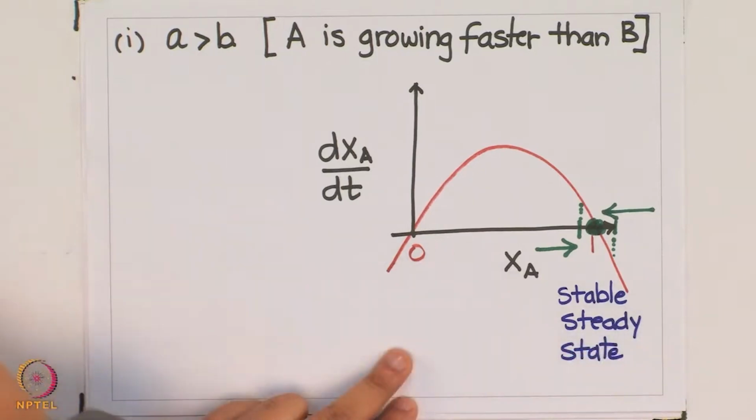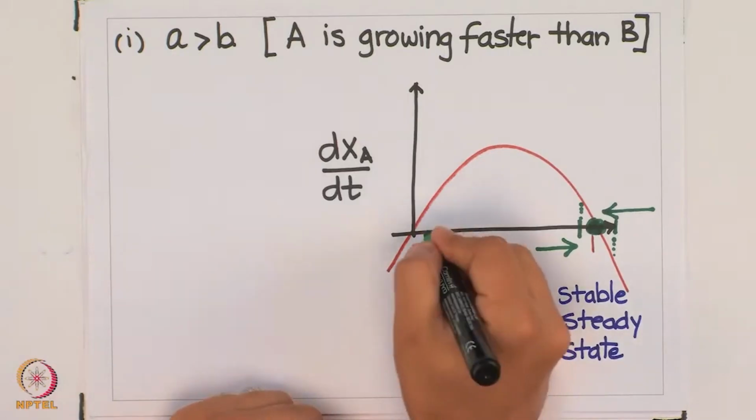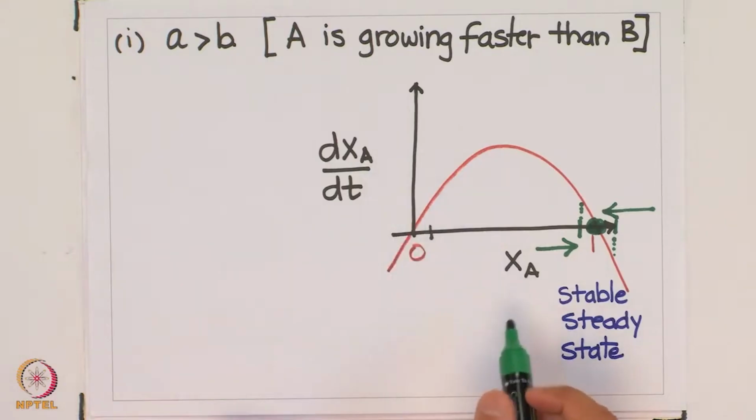And to comment on the stability of the second steady state, we are only going to disturb it towards positive values, because xa, the variable that we are dealing with, is the fraction of the population belonging to a certain genotype, and negative fractions do not have any physical connotation in the system we are talking about. So, we disturb it towards the right hand side and see where the system takes us.